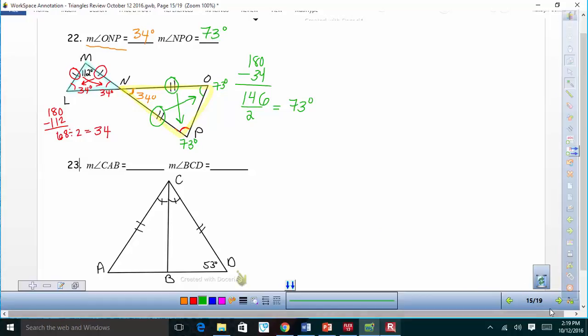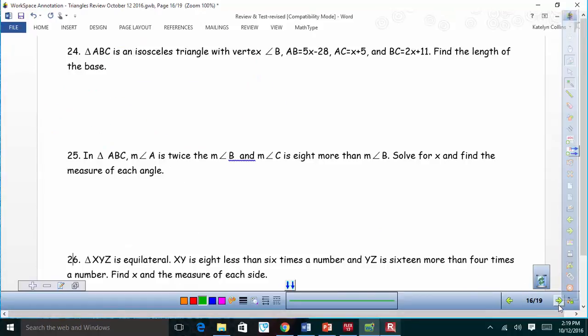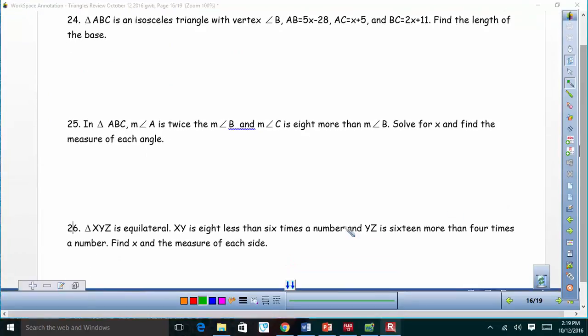Next, let's look at 25. So 25 says in triangle ABC. So the first thing I'm going to do, just to keep this organized, is I'm going to draw my triangle ABC.